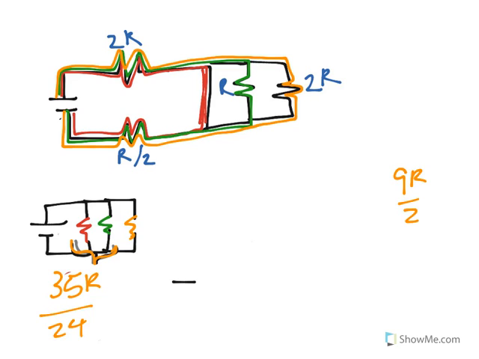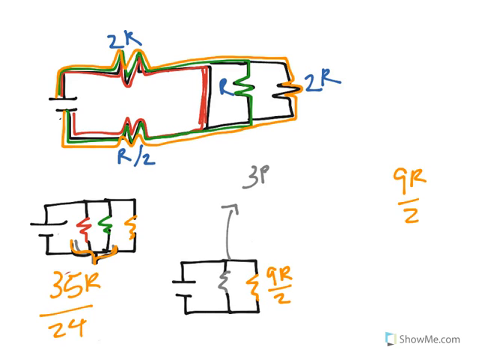Okay, so this resistor is the one we just solved for, and this one is still the yellow one, which we haven't touched yet. That's 9R over 2. And the gray one we just found is 35R over 24. So now we simply have to solve this the same way we solved the other one.